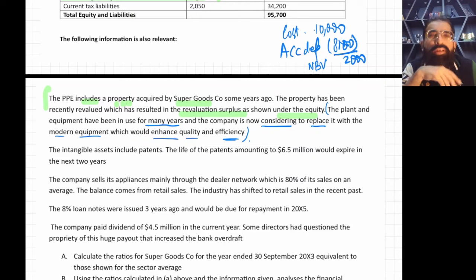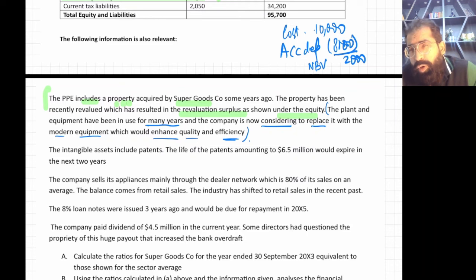Okay, be careful. One more thing, when you have a very old plant, that means those plants are making old types of goods, not the latest types of goods, right? So that also means the product you are selling is not a high quality product.